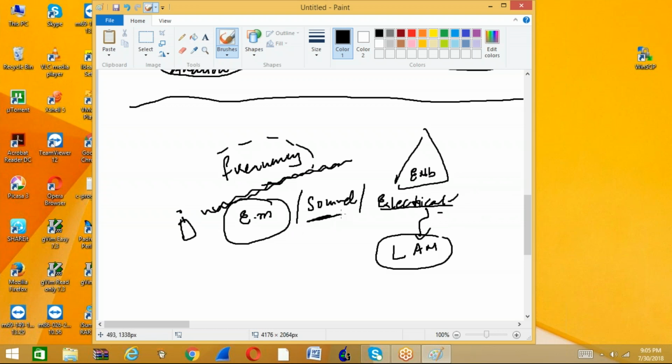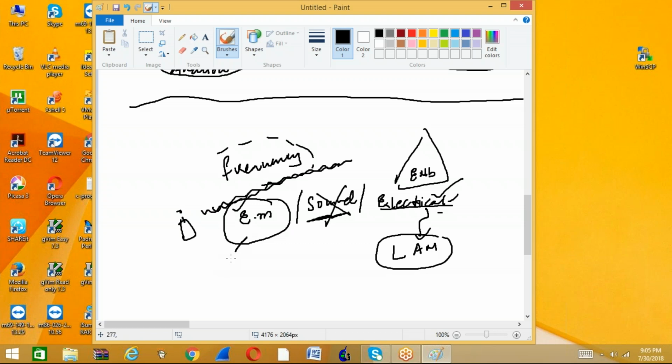Sound signals don't reach a long distance. If you shout from here, it reaches only a little distance, so they're mostly not used for communication. Only human beings communicate with sound signals. So we have only two forms, either electrical signal or electromagnetic signal.